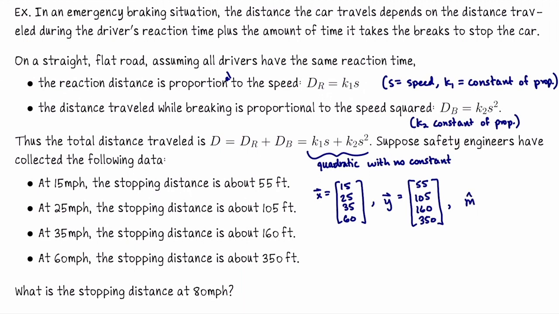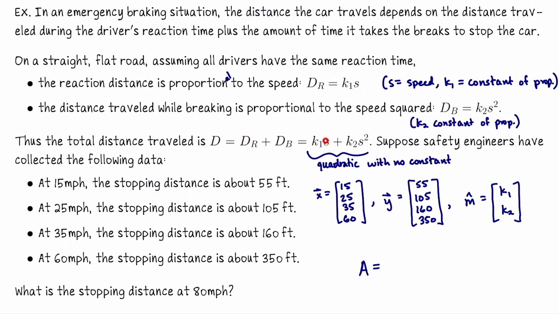What we call m that we're looking for is really just the numbers k1 and k2, those constants of proportionality. Then the matrix we're going to use, A, needs to return us a model that will have no constant, but will have a degree 1 and degree 2 term.